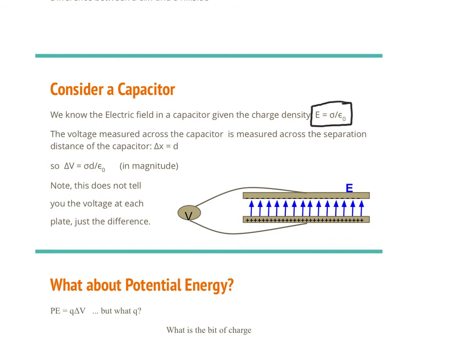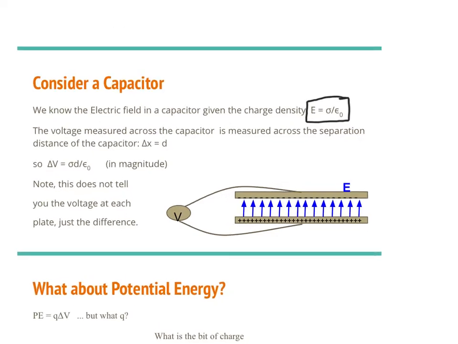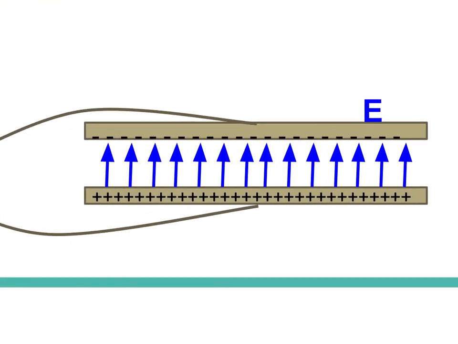What makes it so simple is it has no spatial dependence. Okay? It depends on the charge density, and it depends on the permittivity in the region, but it doesn't vary from position to position. It's the same electric field throughout this entire region between the plates.